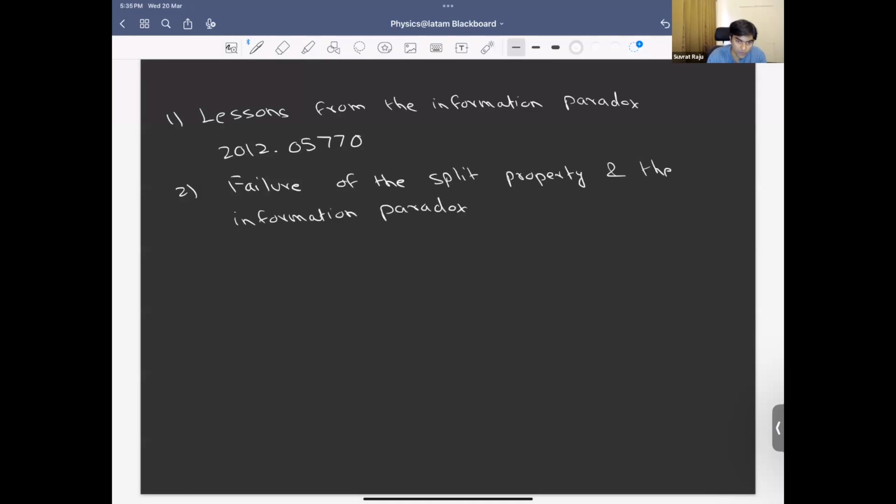That one is 2110.05470. So these are two overarching references. I'll try and give more specific references as we go along.